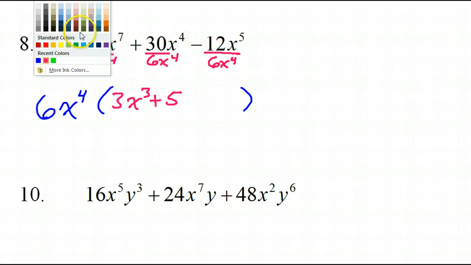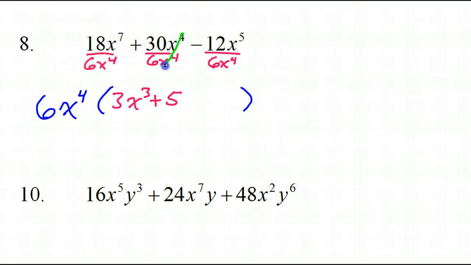These x's cancel each other out completely. Okay, 12 divided by 6 is 2. And these 4 x's will cancel out 4 of these x's, leaving the 1x behind. So this is the answer.